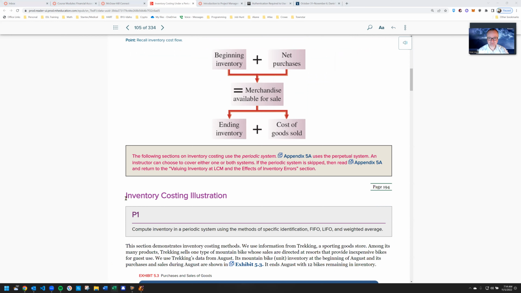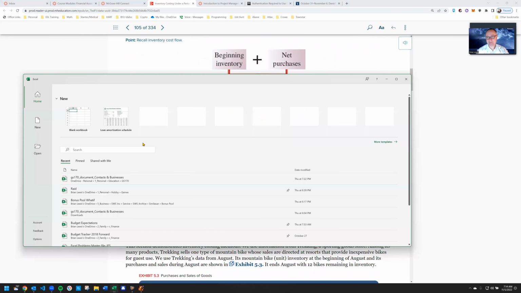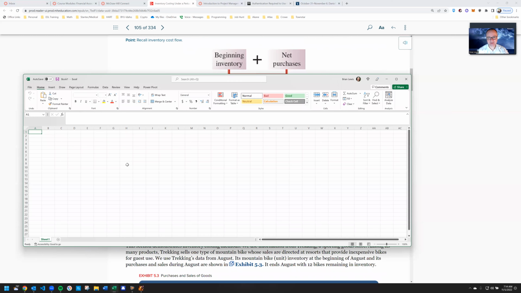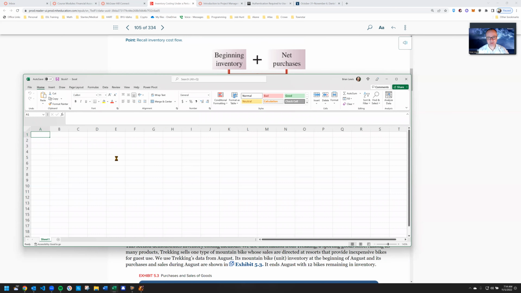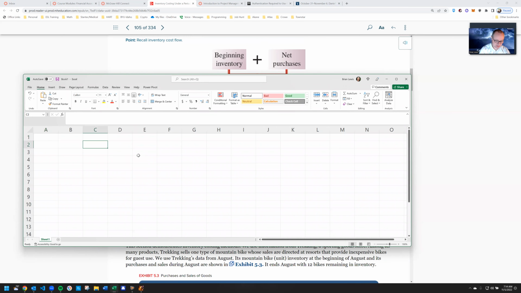Let me see if I can find my Excel spreadsheet here and just walk you through this. If you think about your inventory account, you're going to have some debits and some credits. Typically you're going to have a beginning balance, and it's a debit because it's an asset.